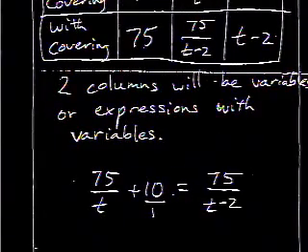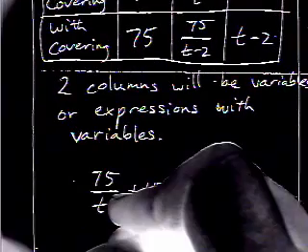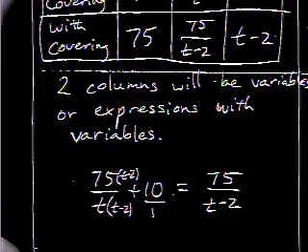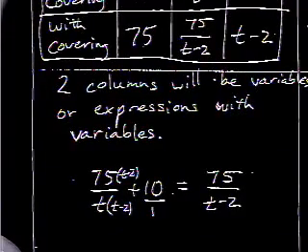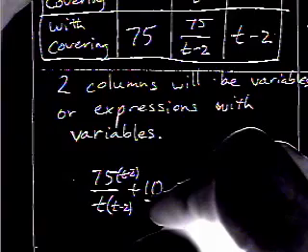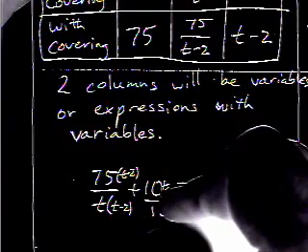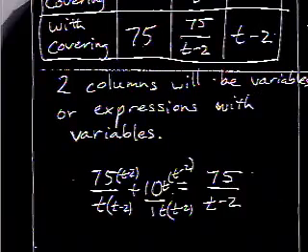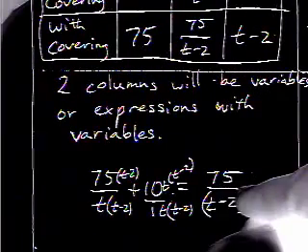Now, we know that 10 has a denominator of 1, so we can start asking ourselves, what is this denominator missing? Oh, it's missing a t minus 2, so we'll multiply the top by t minus 2. What's this denominator missing? Oh, it's missing a t and a t minus 2. What's this denominator missing?